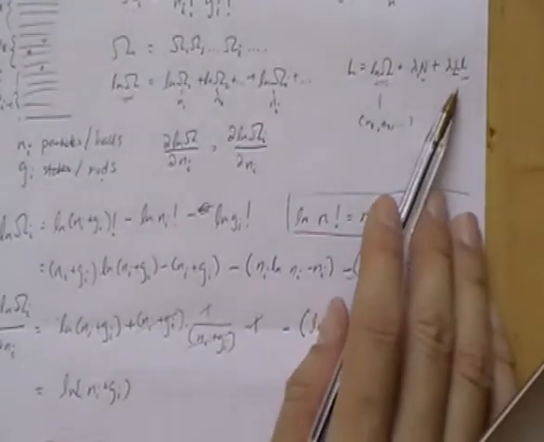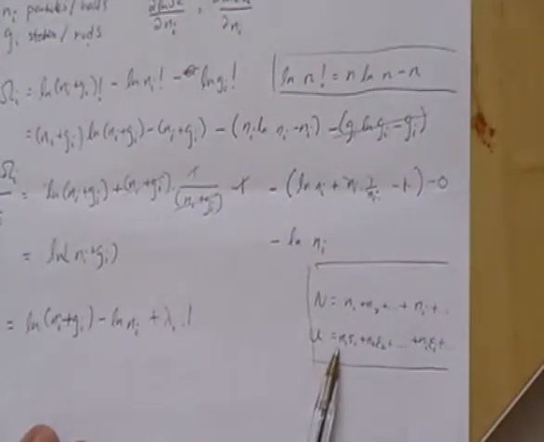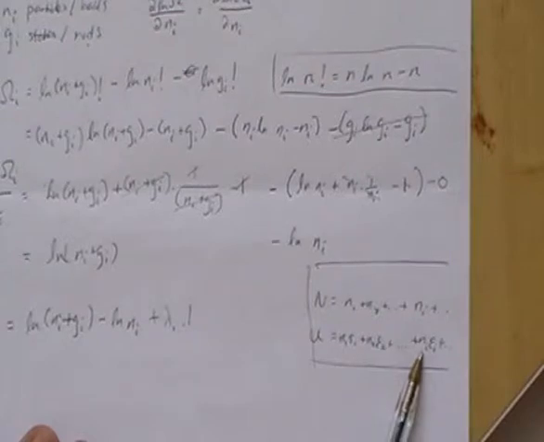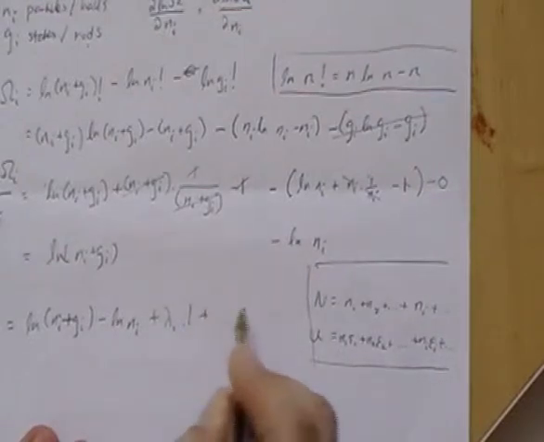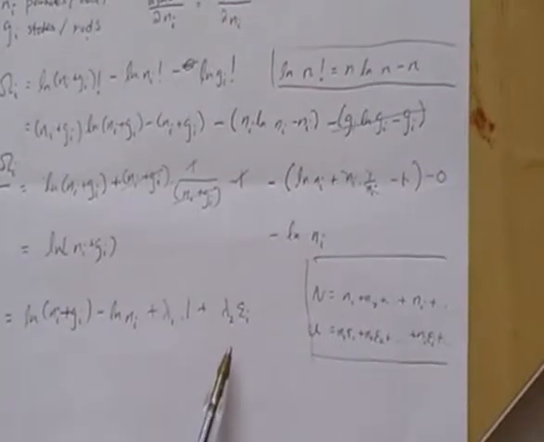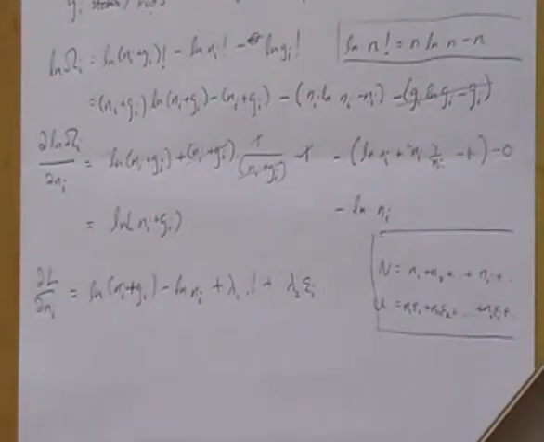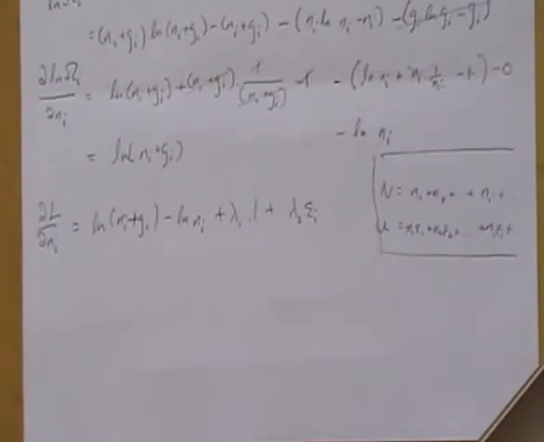Likewise, when I differentiate u, all these will be 0 except the term with ni. Ni differentiates to 1. I'm left with ei with its Lagrange multiplier. So we have differentiated L.